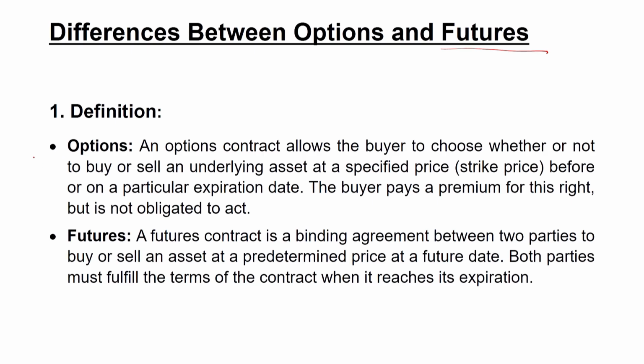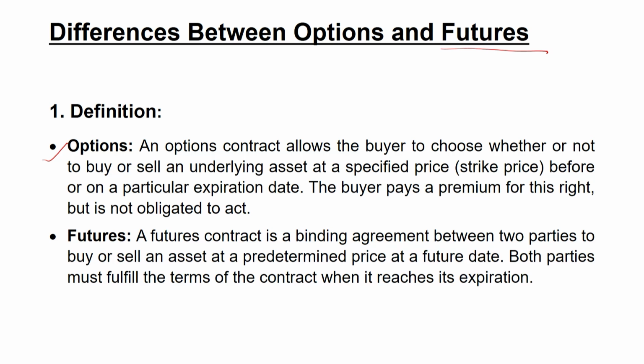Now the next part is the difference between put options and futures contracts. Futures contracts are also a category of derivative instrument that helps you minimize the risk involved in the financial segment. Now let us understand the difference between these two types of derivatives. The option contract allows the buyer to have the right, but it does not give any obligation.